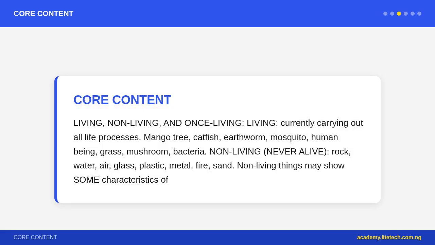Non-living things may show some characteristics of life. Fire moves and grows, a car moves, but they do not carry out all 7 life processes. Once living, dead or derived from living: dry leaf, timber or wood, leather shoe, bone, coal, petroleum, fossil fuels, dry food grains. These were once alive but no longer carry out life processes.